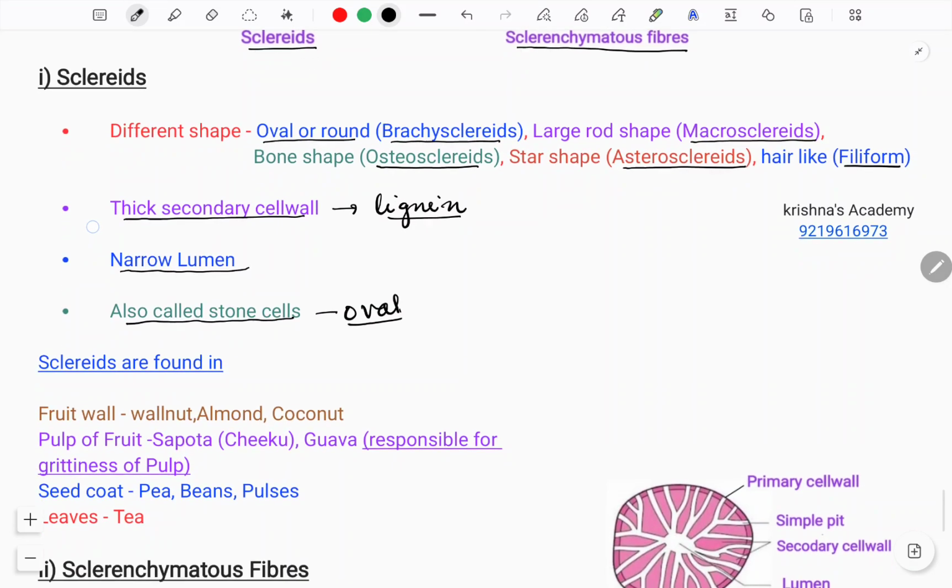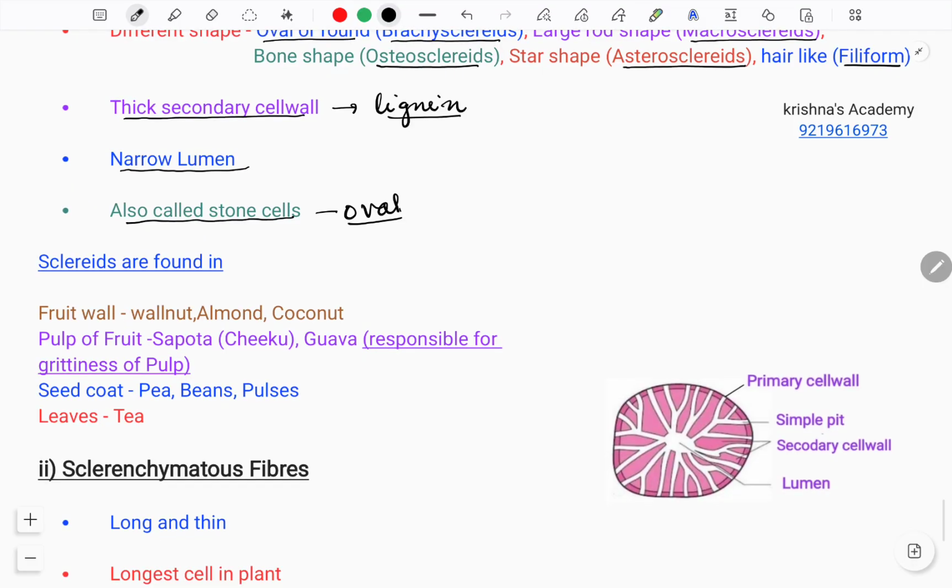Now, sclerites are found in the fruit wall, pericarp, for example in walnut, almond, coconut. Due to the presence of sclerites, the fruit wall or pericarp is very hard. In walnut, almond and coconut, they are present in the endocarp, the inner fruit wall.